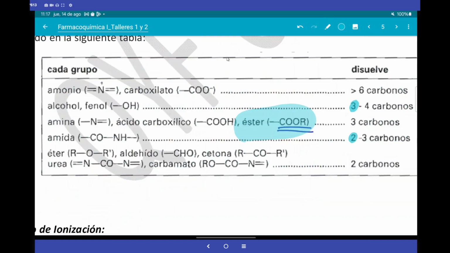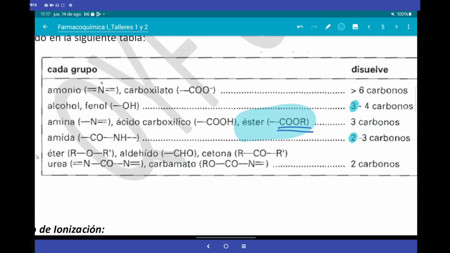Regarding the groups that do not dissolve much, the groups that are polar but provide little solubility, it says here 2 carbons. The last group are polar groups like the rest, but they do not provide much solubility.